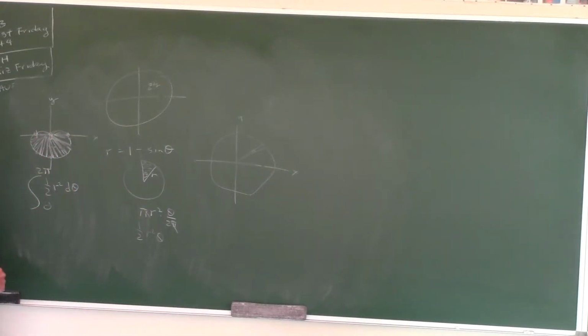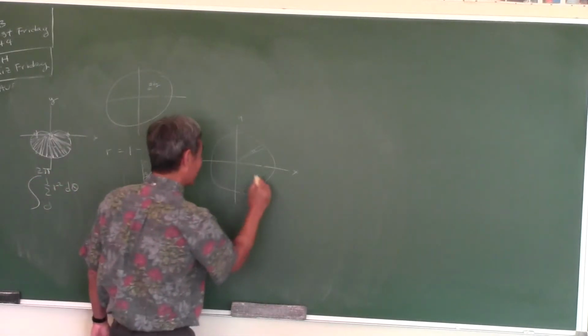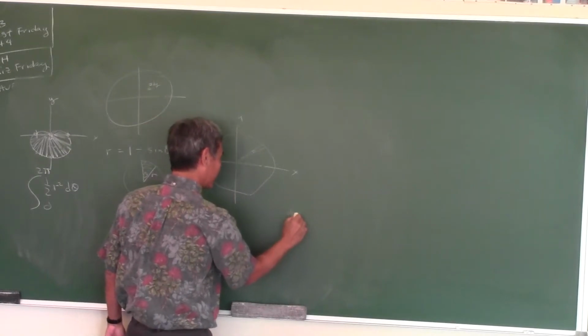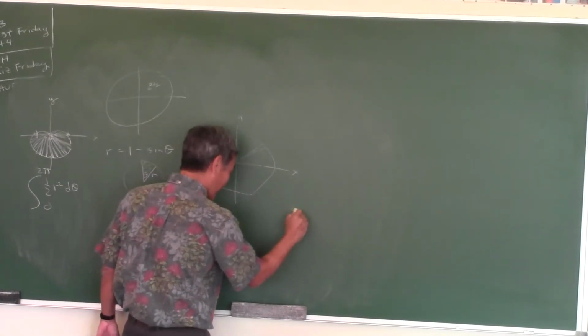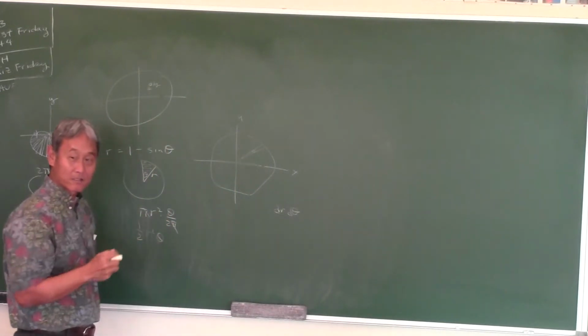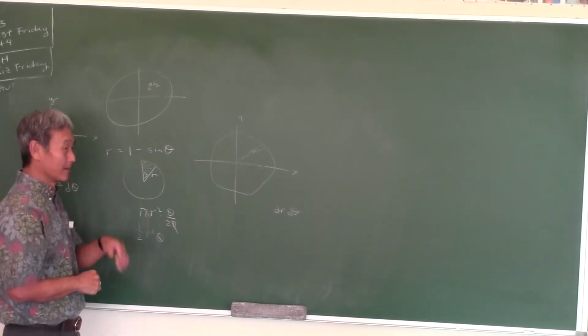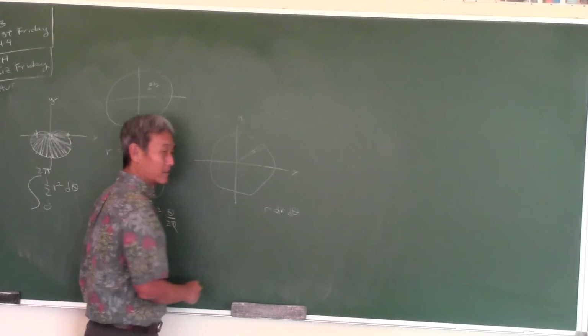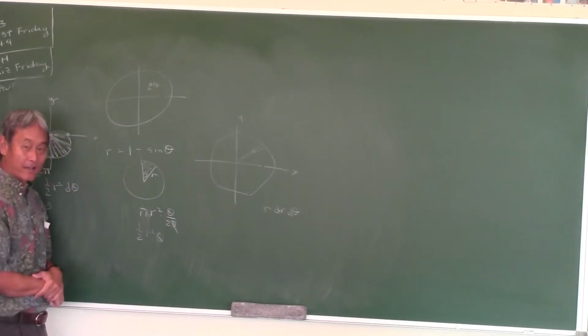Let's see if you can figure it out. d theta, that's this angle. dr, that's an infinitesimal change in radius, but we're missing something. It's r dr d theta.